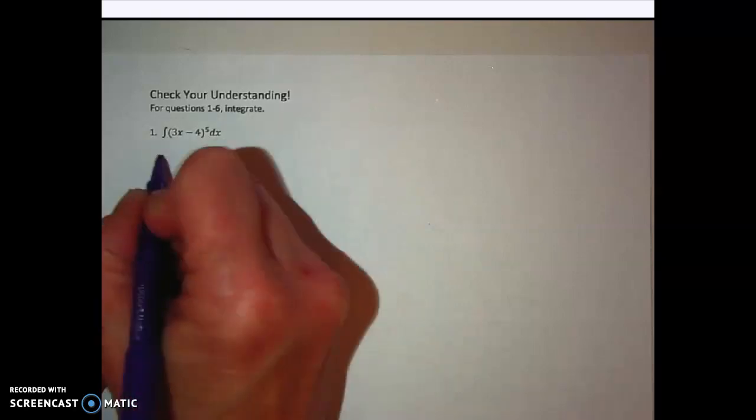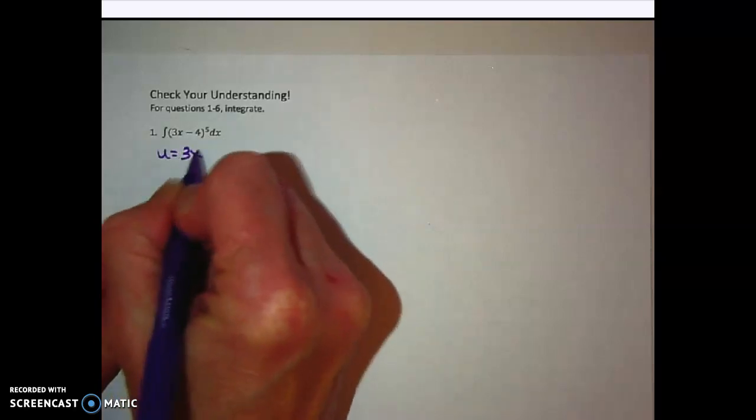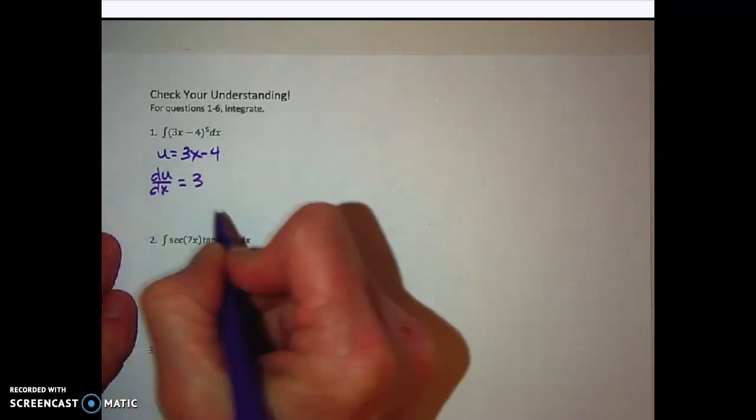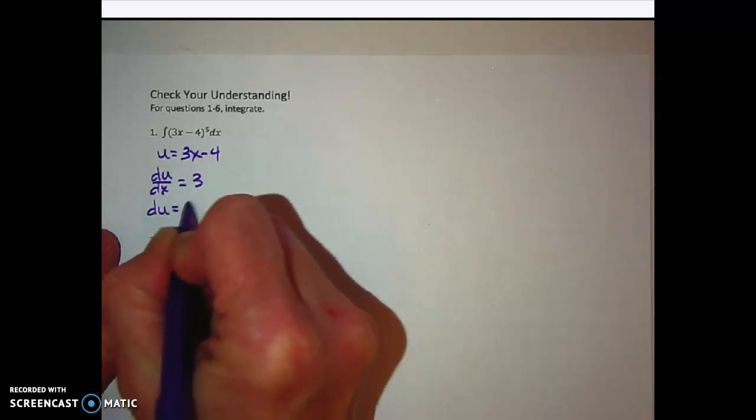So let's use this. First of all, my inside function, my u is going to be 3x minus 4. My du/dx is going to be 3, the derivative of my u, which I can write as du = 3 dx.